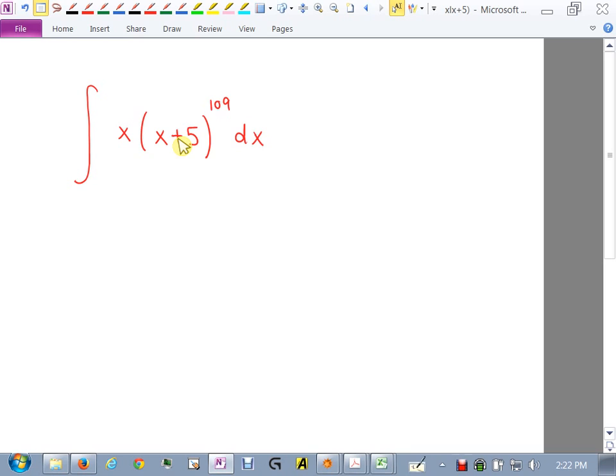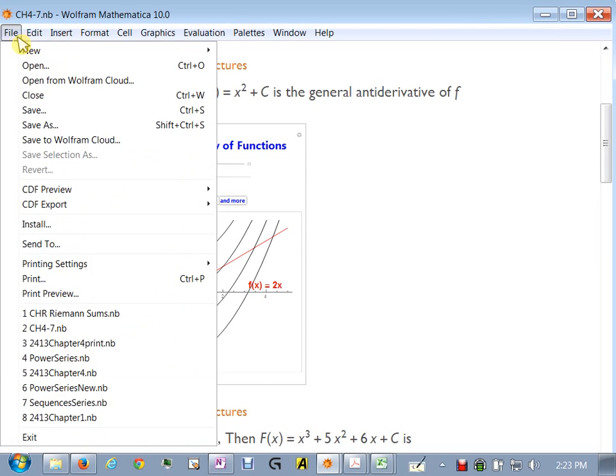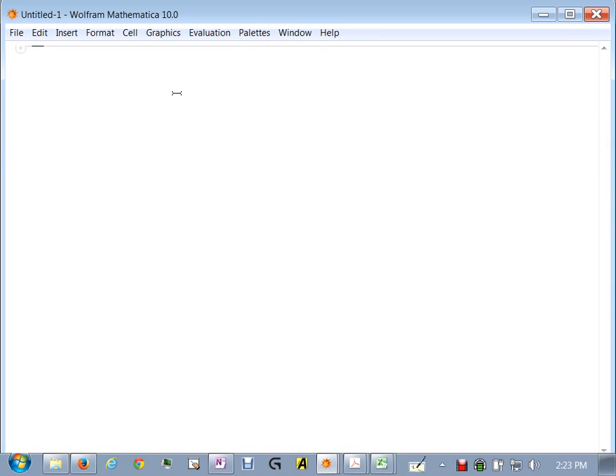Now, if you had enough time, could you take this and multiply it out? I mean, could you? You could if you'd like. Take x plus 5, and you could say, I'd like to expand x plus 5 to the 109th power.